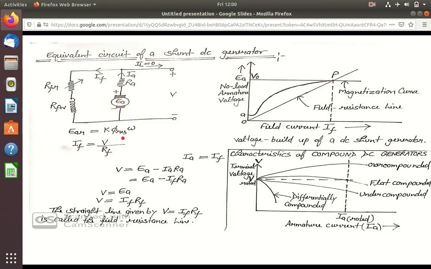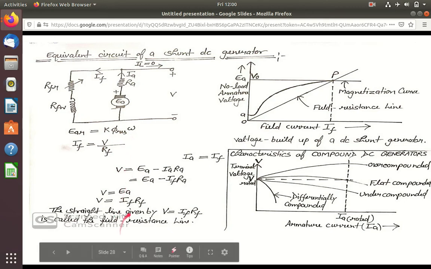So with the help of this residual flux, a small voltage EAR will be generated. That small generated voltage EAR is represented by K phi residual omega. We have discussed these equations in the previous lecture.